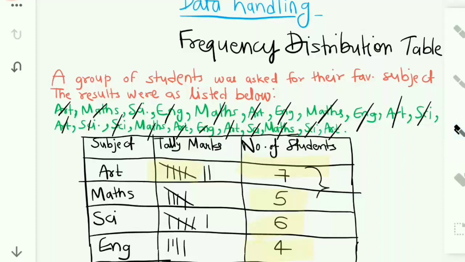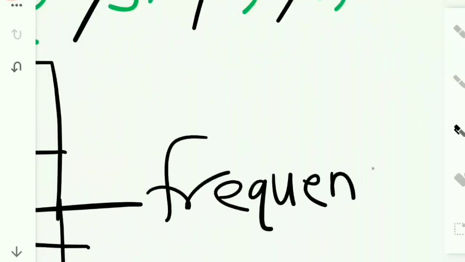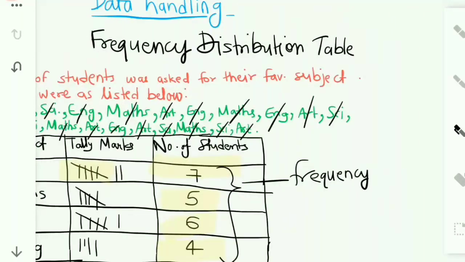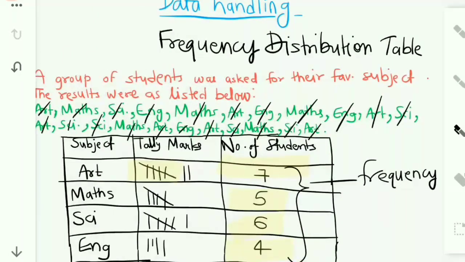So these here are called frequencies. That is, how frequently do students like this subject? So out of 22 students, 7 students like art.